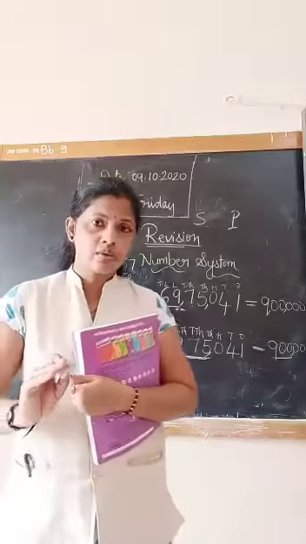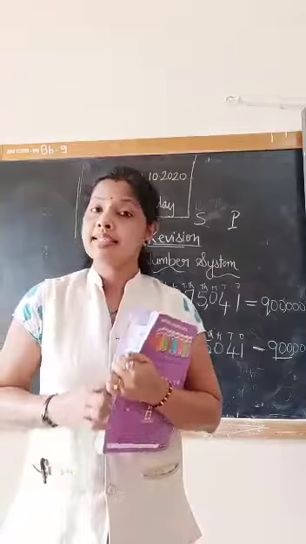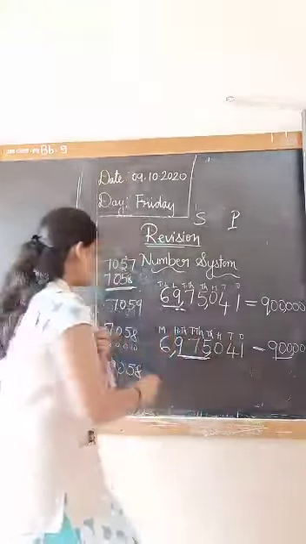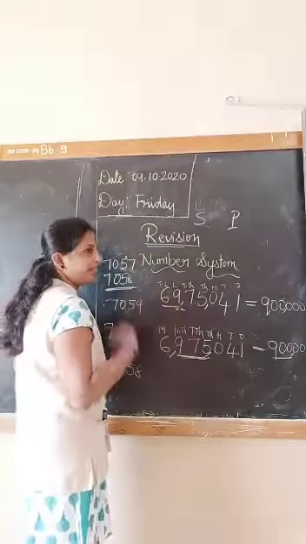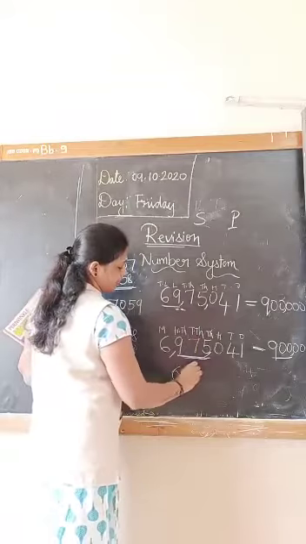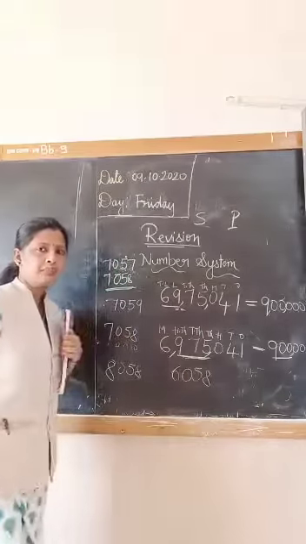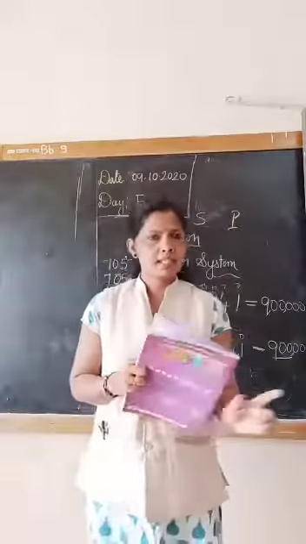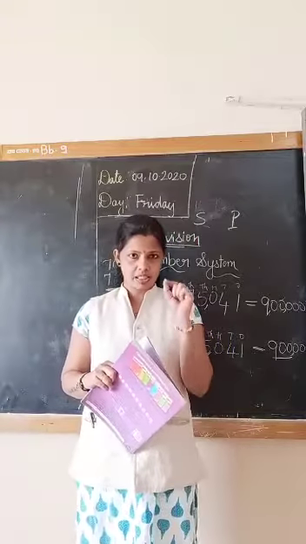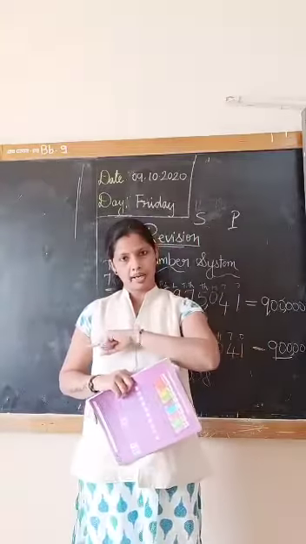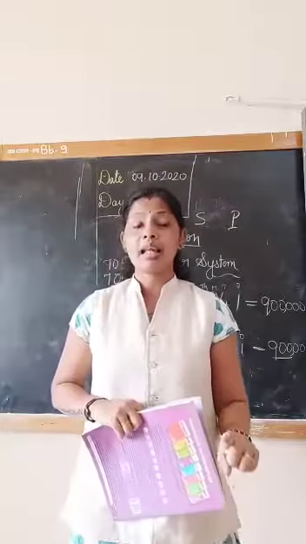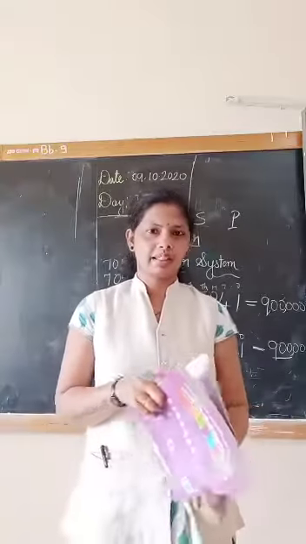If it is 10,000, you have to add 10,000. Same with the predecessor. Now 7058, before that, minus 1000 will be 6058. So am I clear? If it is just successor and predecessor, write down the numbers, or else if it is by 1000, add or subtract 1000, and if it is by 10,000, add or subtract 10,000.